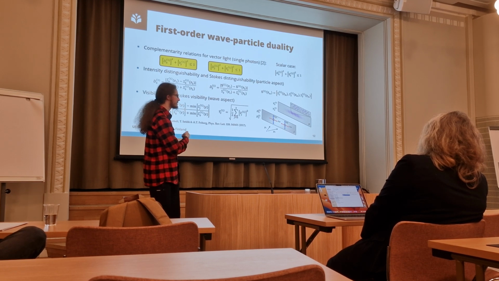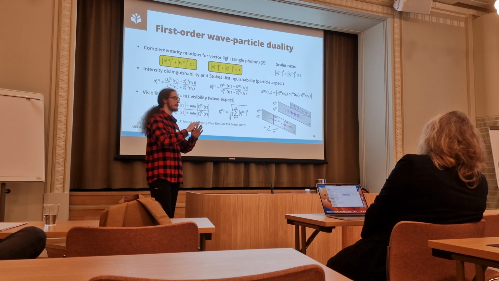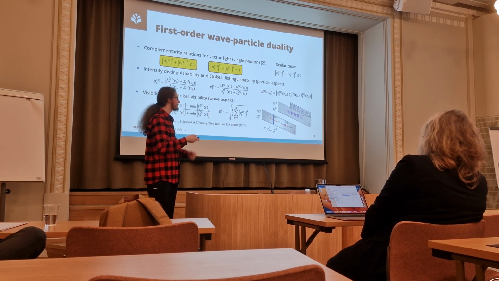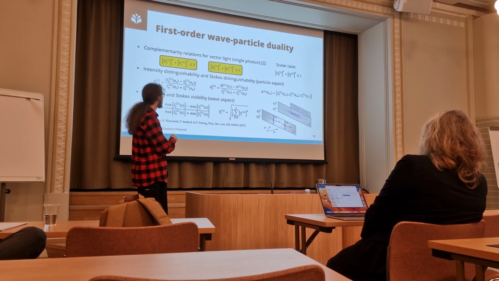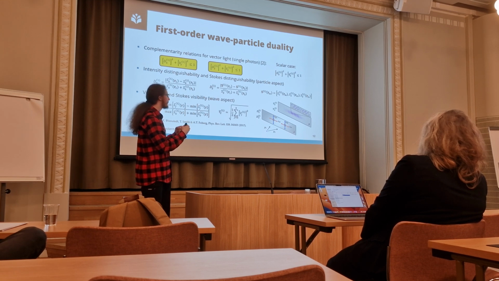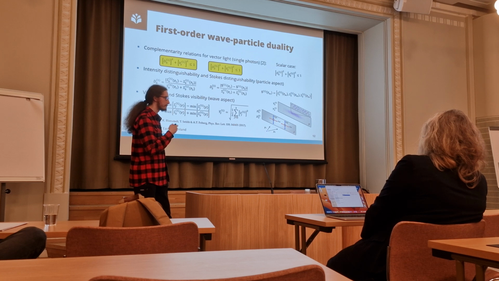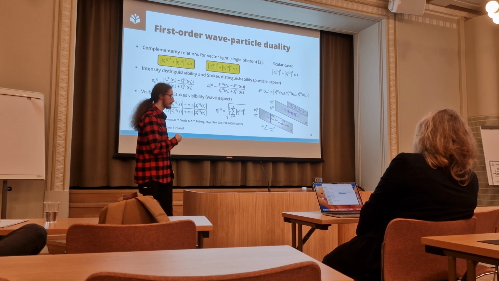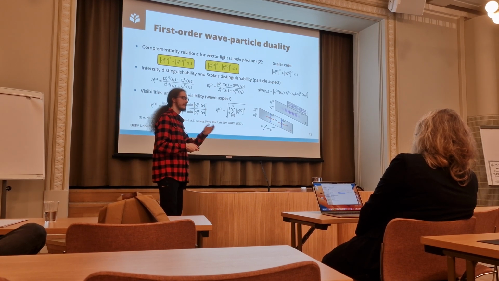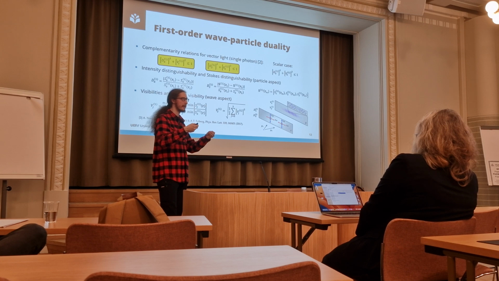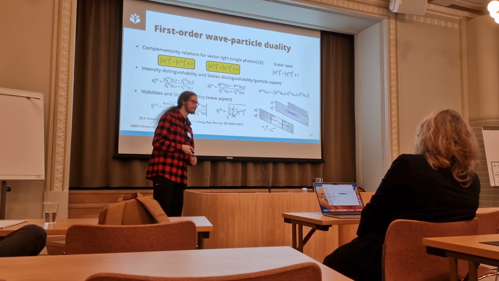Stokes visibility describes the visibility of the polarization fringes, and correspondingly there is a particle information in the polarization state between the slits, which describes the particle information in polarization, and which is complementary with the intensity information. So these duality relationships connect intensity and polarization particle and wave informations together in the first order.